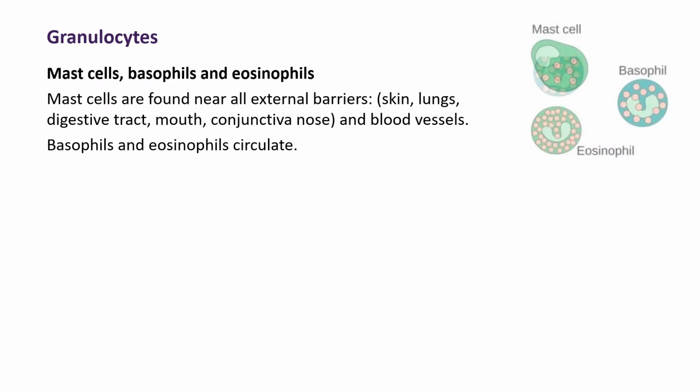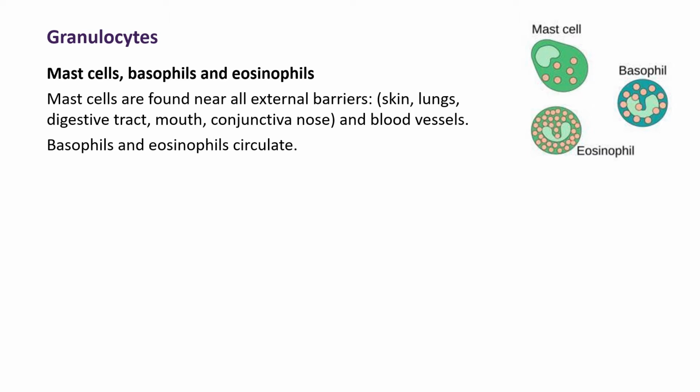So let's talk in a bit more detail about each of those categories. So we have our granulocytes. As we said, this is mast cells, basophils and eosinophils. Also, neutrophils come into this. We'll talk about those in a little while.